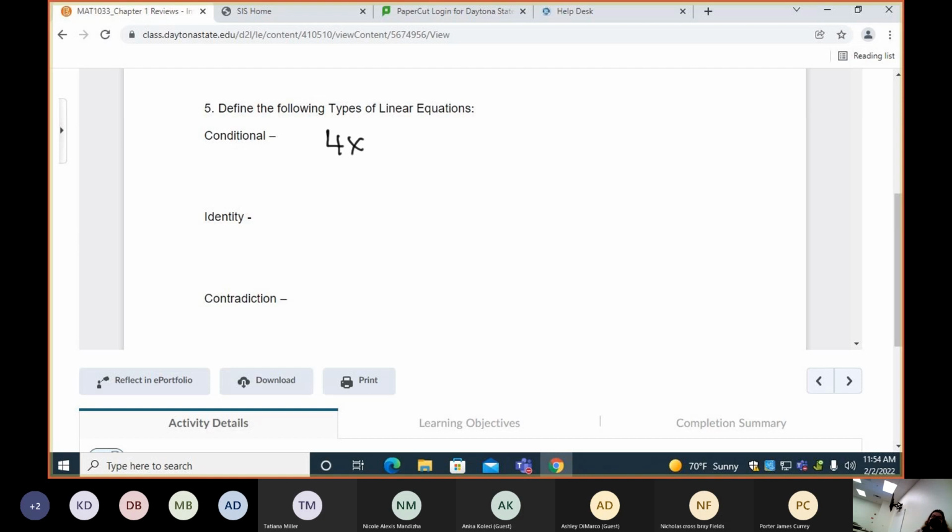Yes, Alexander, the answer to your question is yes. You could have just divided. 4x equals 20. That would be an example of a conditional equation, because if you divide by 4, you get x equals 5, and you come up with a solution that makes this equation a true statement.